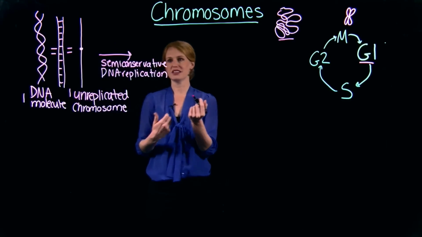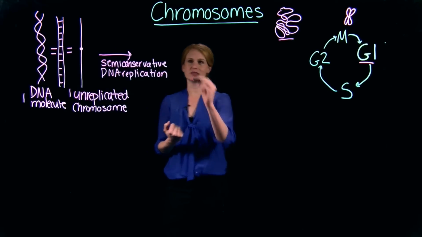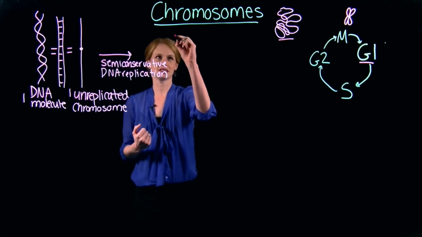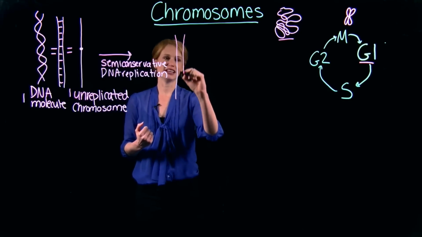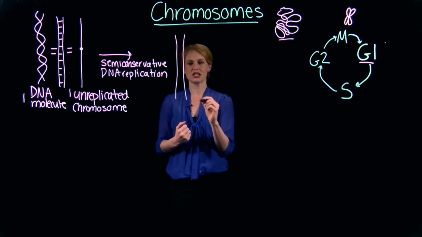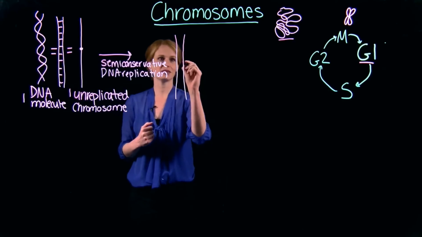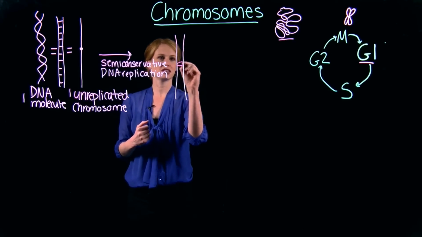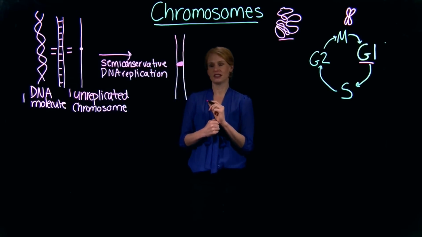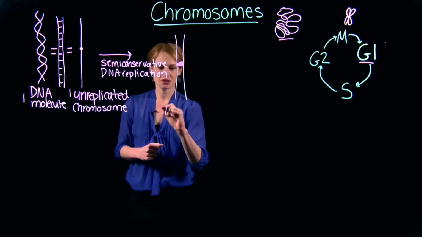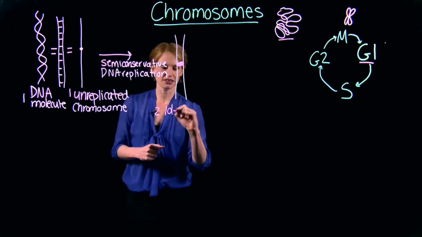So what you end up with after semi-conservative DNA replication is two identical DNA molecules. And I'm just going to use one line to depict the DNA molecules. So these are two identical DNA molecules connected to each other along their whole length, but we'll just draw the centromere here.